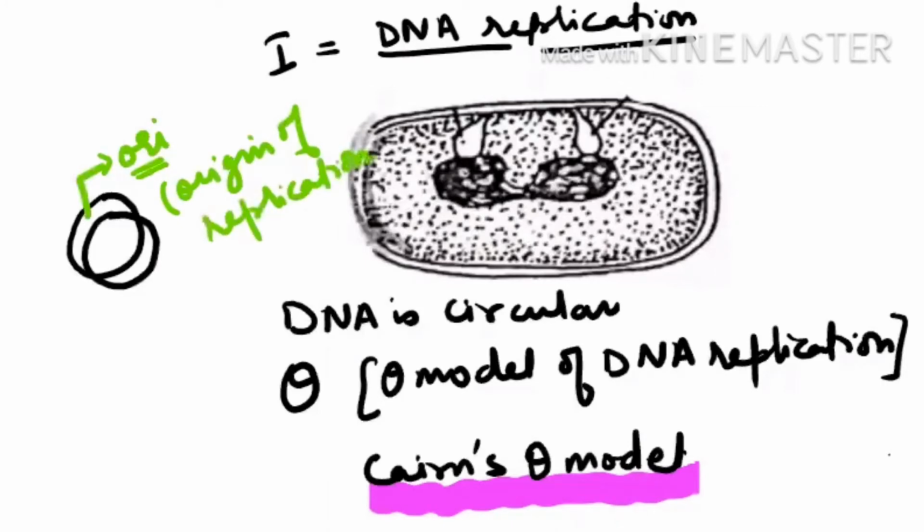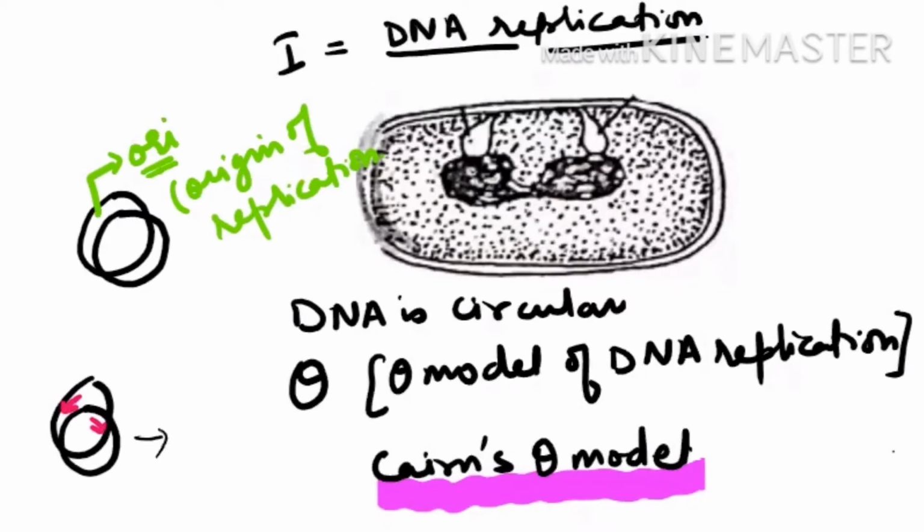Now let us assume that the two strands of the DNA are separated this way. And the daughter DNA synthesis is going in both directions. Slowly you just try to understand the diagram. Slowly what will happen? See the board.